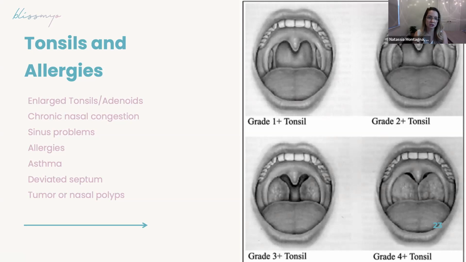I'll ask the patients to close their lips and breathe through their nose for 3 minutes. If they can do that, no problem, no struggles, then they're good to go with myofunctional therapy. If they're struggling to breathe and they need to open their mouth, or you can see the nostrils are flaring and they're really struggling, then they need to go to ENT consultation before they start myofunctional therapy.